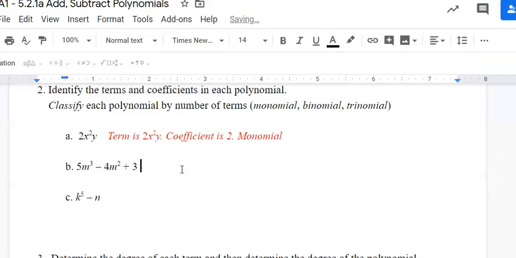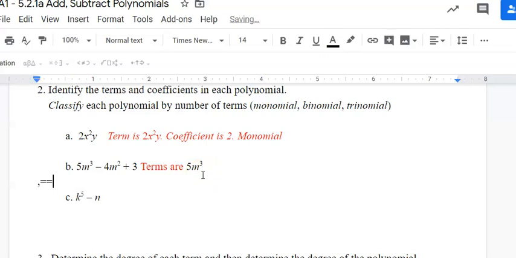Okay, the next one, identify the terms. So the terms are, and I'm going to separate these with commas. So the first one was 5m to the 3rd, and I'm just going to paste it. You can type it if you're not able to paste. I don't know if you can paste on a phone.